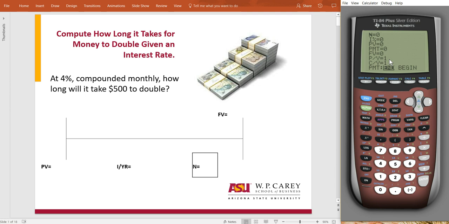Some of you might have 12, as in monthly payments, or 4 as quarterly payments, or 2 as semi-annual. It's by far easier to just keep it as 1, and that way there's no confusion with a question switching from monthly to semi-annually.